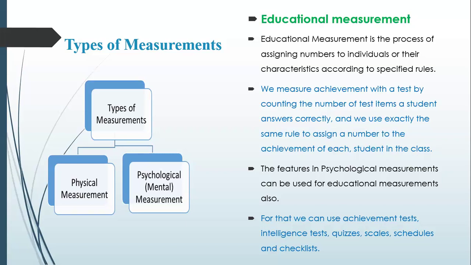Is it nominal, ordinal, interval, or ratio scale? Student's ID number. Can anyone tell me? Nominal. I think nominal. Yes, nominal. Very good. Then area of the land.